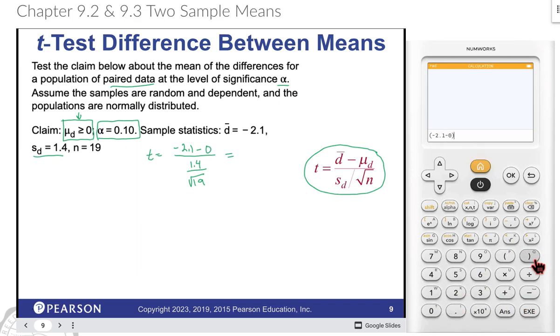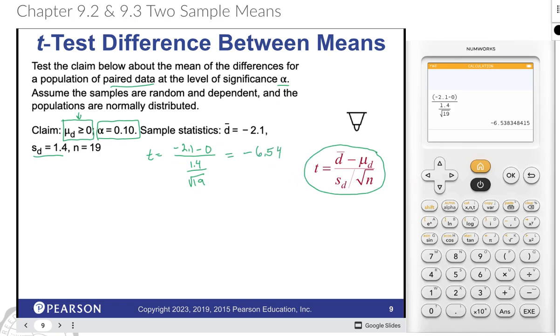Again, you didn't really need to put that minus 0 because it's not going to change it, but I like to match what I've got here. 1.4 divided by the square root of 19. And that's it. We calculate it, and we've got a z-value of negative 6.54. We'll just use 2 decimal places.